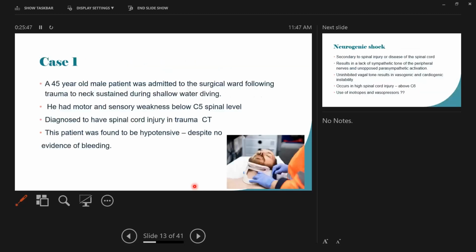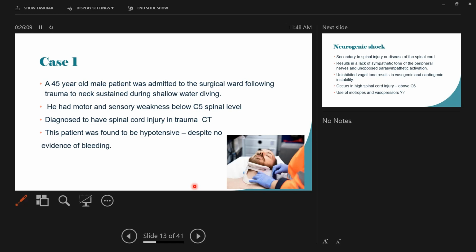So just look at this case. This is a 45-year-old male patient who was admitted to the surgical ward following a trauma to the neck, which was sustained during shallow water diving. When he was brought to the hospital, it was found that he had a motor and sensory weakness below the C5 spinal level.